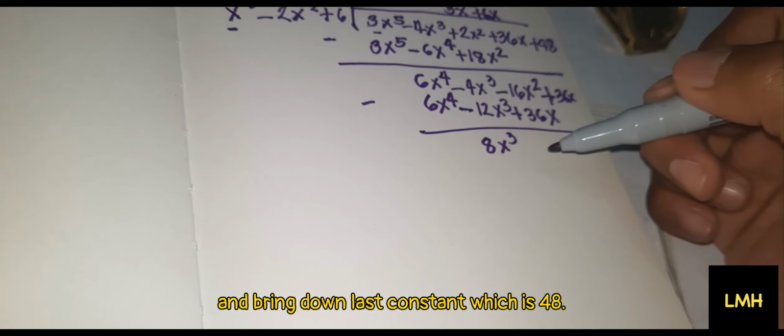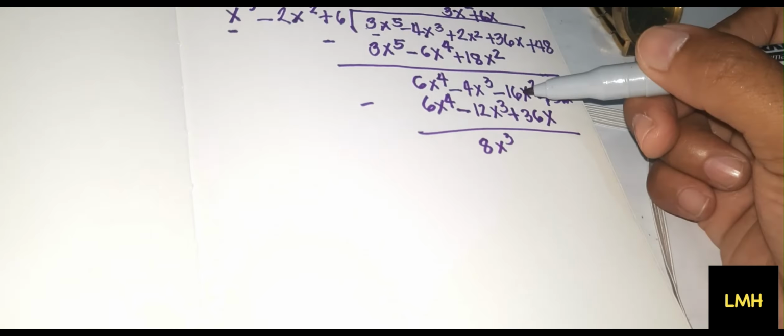Subtract all the given data. Negative 8x raised to 3, copy negative 16x raised to 2. The 36x will be cancelled. And bring down the last constant, which is 48. Look closely at the independent variables.